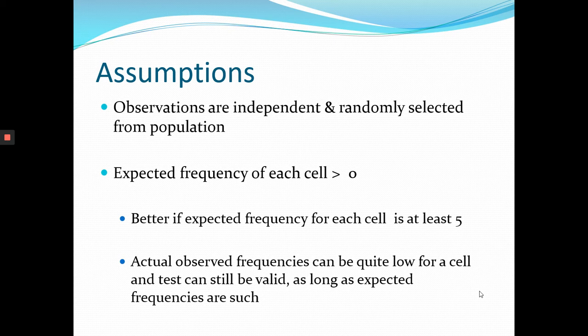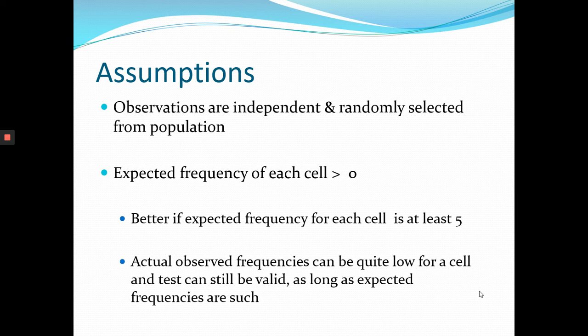We kind of violate that, I think, in the problem that we do next. But that's okay because I wanted to keep it simple and straightforward for you, so we'll not worry about that particular thing. And the actual observations can be quite low.